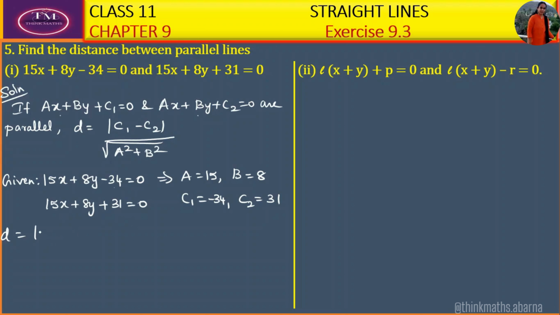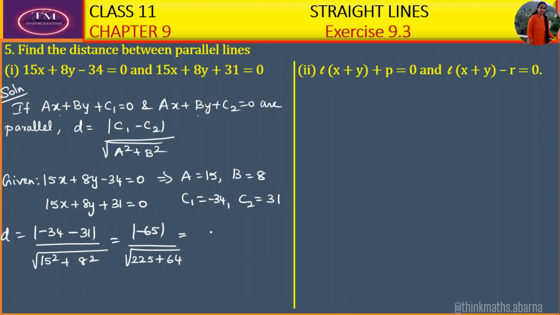So c1 is minus 34 minus c2 which is 31, divided by square root of a square, what is a square? It is 15 square plus b, which is 8 square. So this is equal to minus 34 minus 31, which is minus 65, divided by 15 square is 225, 8 square is 64.